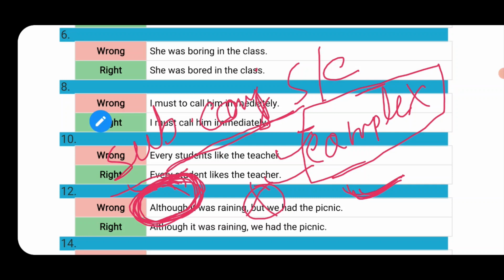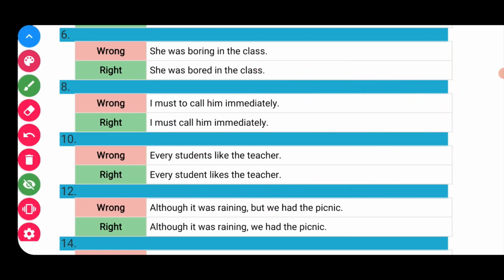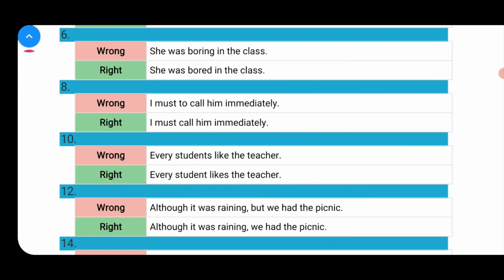We just need to put a comma, as you can see in the answer: Although it was raining, we had the picnic. Because of the subordinating conjunction, other conjunctions or connectors are not used in the same sentence. Okay.